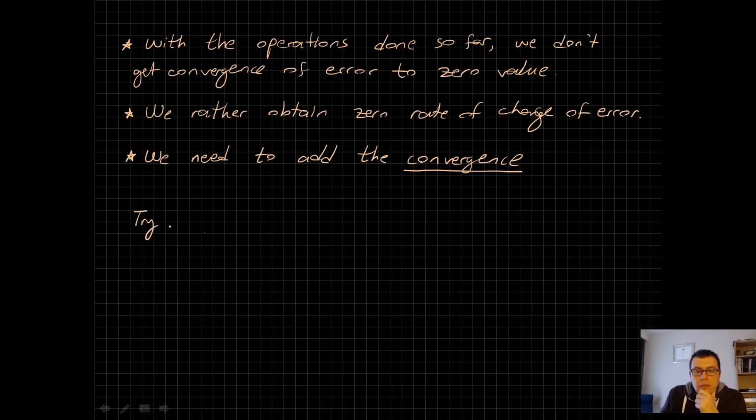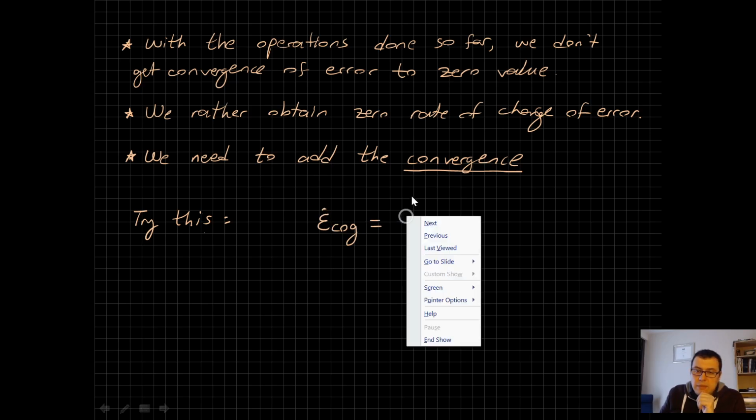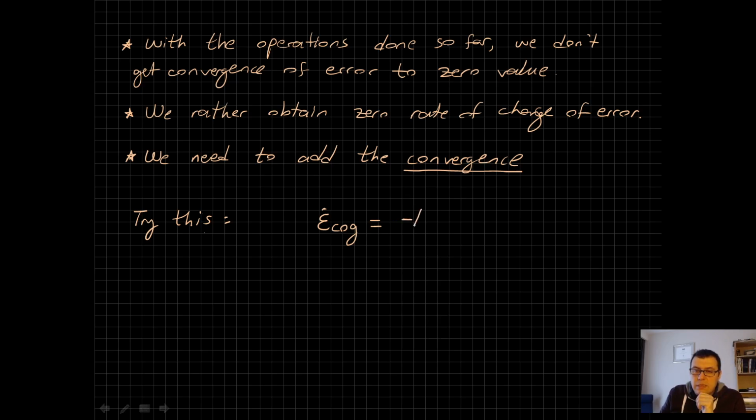Okay, try this. Simply take feedback from the system. E dot COG is equal to minus K COG E COG. That's nothing but proportional feedback in the system. E dot grasp is minus K grasp times E grasp.